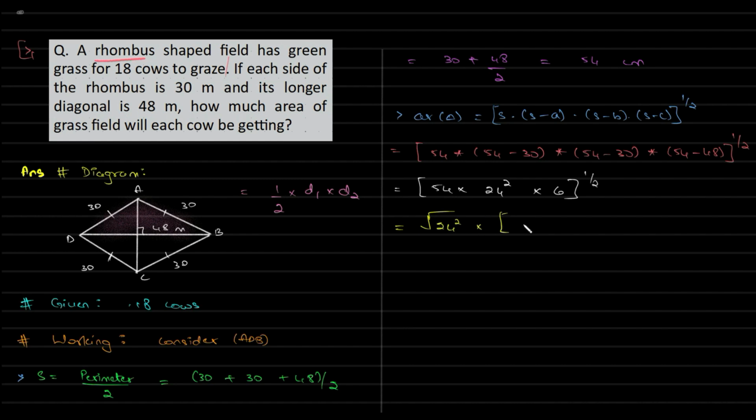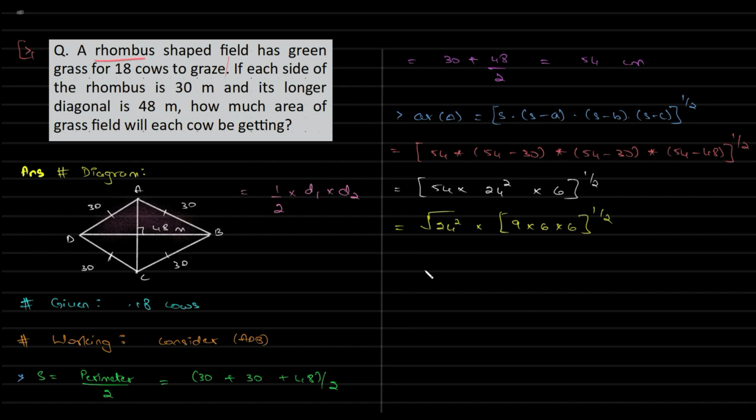We can't take a square root of 54, but we can write it as 9 into 6. See, first I always think about 4. Is it divisible by 4? Because we have square root of 4. If not, then square root of 9 is there, so I'll try to see if it's a multiple of 9. So 9 into 6, it's a bingo because we have 6. So 6 into 6, 6 square.